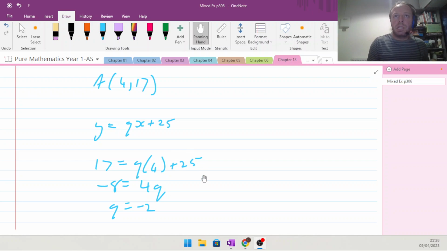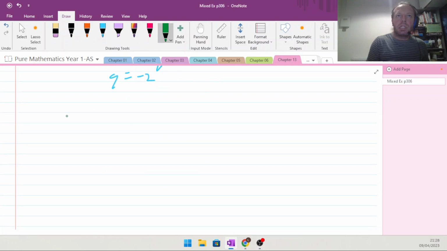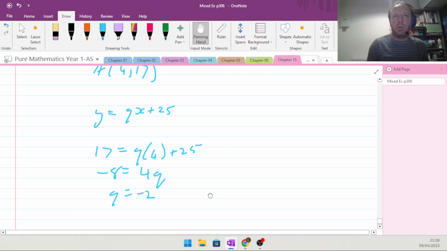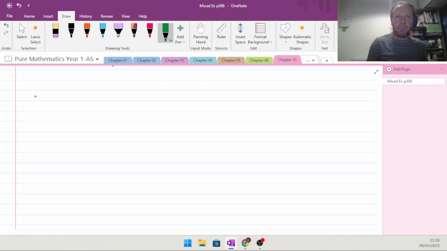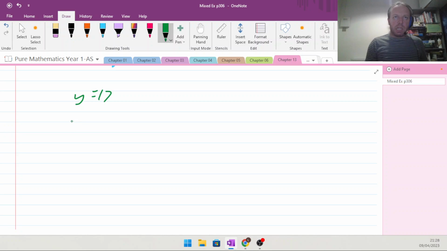Now they want us to find C, and of course C is when we are parallel with the x-axis, so it's going to have a y value of 17 again, because that's the y value of A. So when y equals 17, we need 17 equal to the quadratic, minus 7 plus 10x minus x squared.